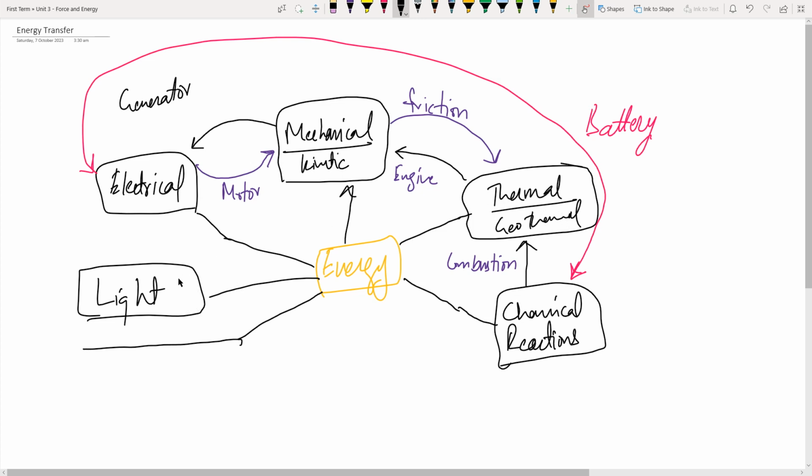Light can deliver thermal energy, but solar panels are not able to withstand high temperatures, and once the temperatures go up, their efficiency reduces. That means we're not actually using thermal energy directly from the light.